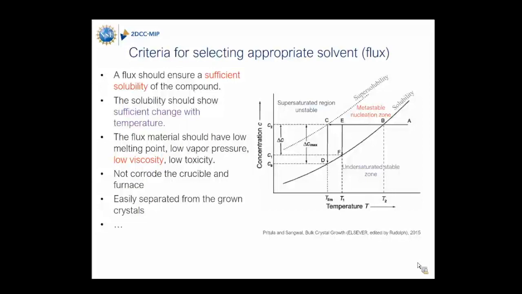That will produce a lot of defects, and even prevent further growth of the crystal. Of course, you want it to be low toxicity, and it should not corrode the crucible and the furnace. So you have to consider that as well.